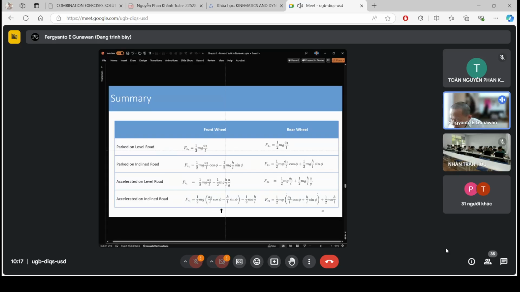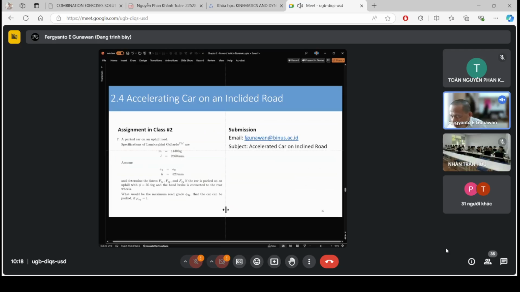So this is the most complete equation. By having this equation, you can sort of derive the equation for any other conditions, right? So this is the only most important equation that you need to write down in this case. Okay, so let me give you a few cases to solve here.